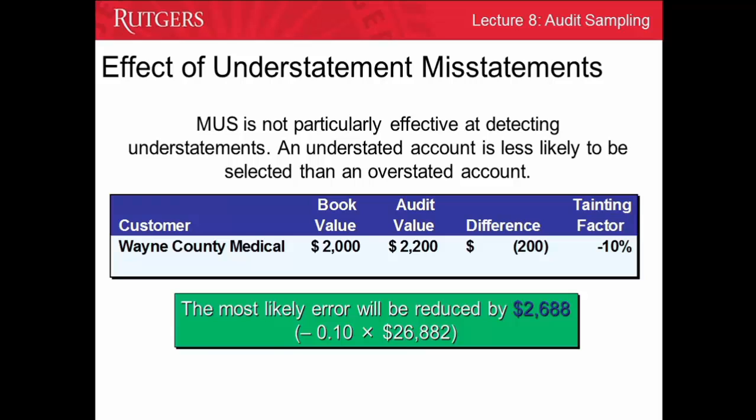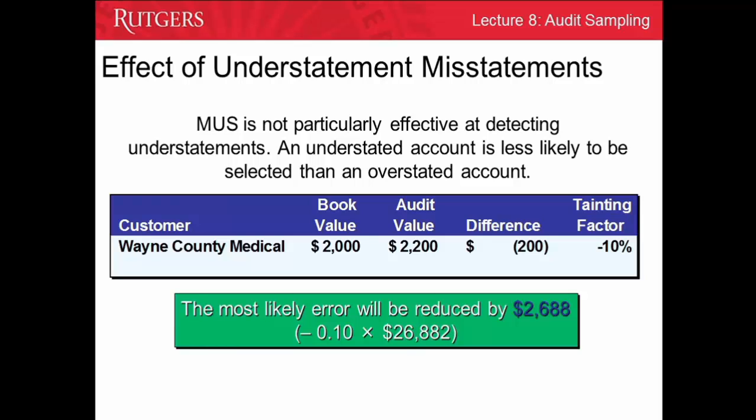Recall that MUS is not particularly efficient at detecting understatement because under an MUS approach, the probability of selecting a small account is proportionally lower than the probability of selecting a larger account.